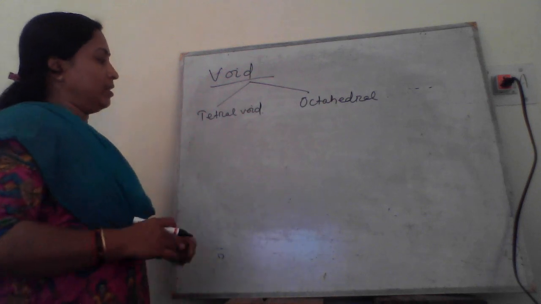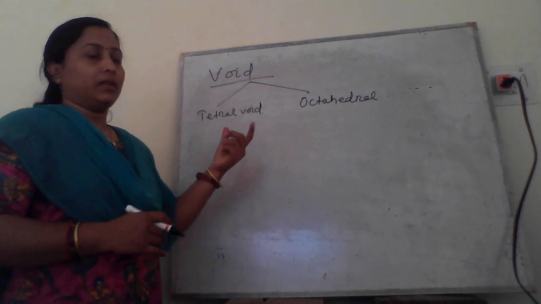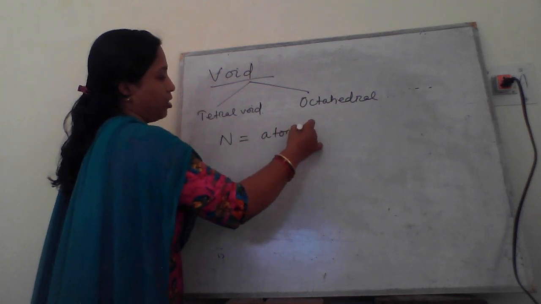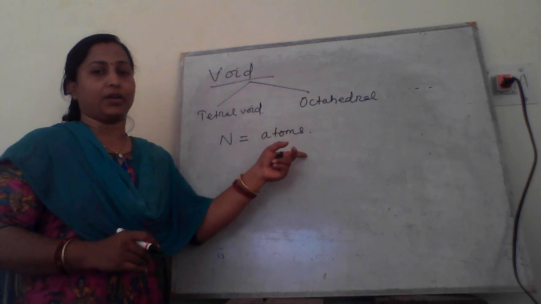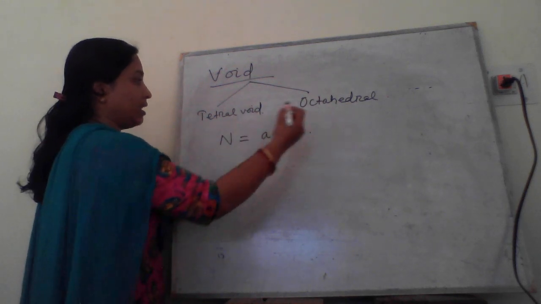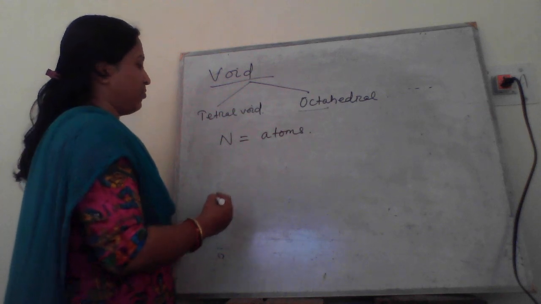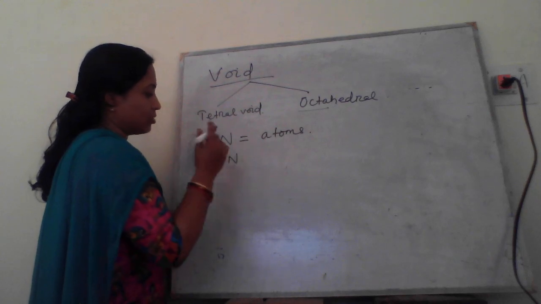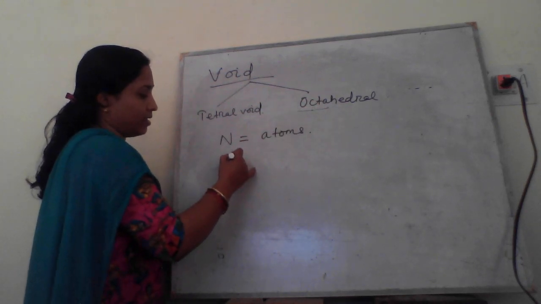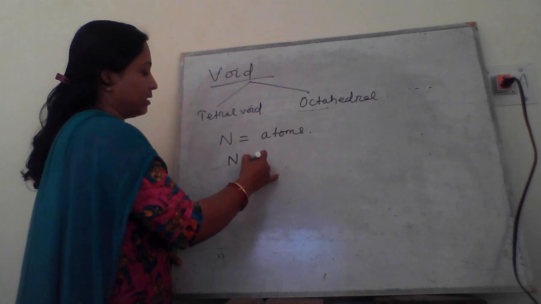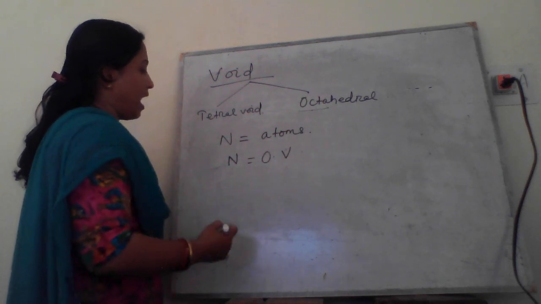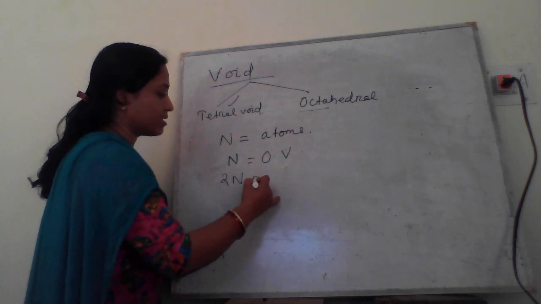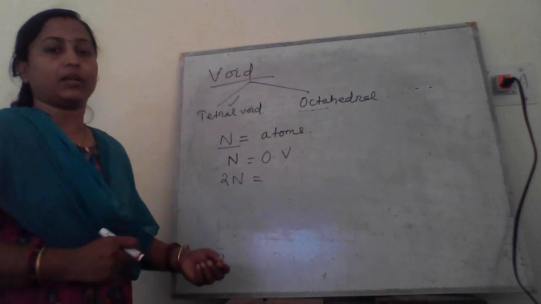When we see a packing which contains n atoms, suppose in a closed packing there are n atoms, then the total number of octahedral voids formed is equal to n, and the total number of tetrahedral voids formed is equal to 2n, that is twice the number of atoms arranged in the closed packing.